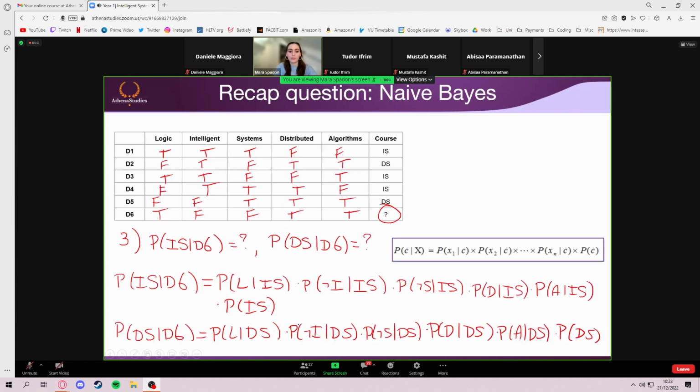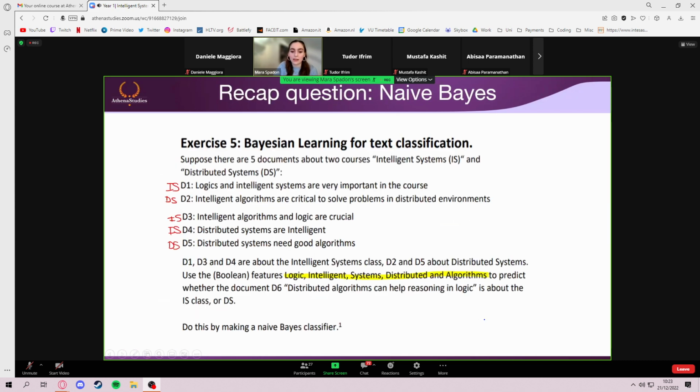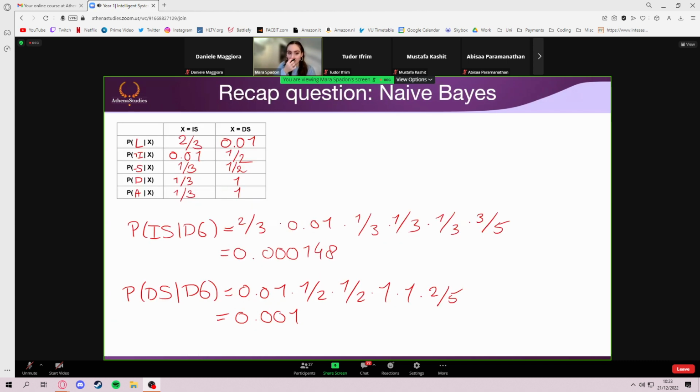Okay, so then our final step was to find the class with the maximal probability, and then we define that as the class of the unknown data. So looking at this outcome, what is the conclusion that we could draw from this? Okay, I see DS, exactly.